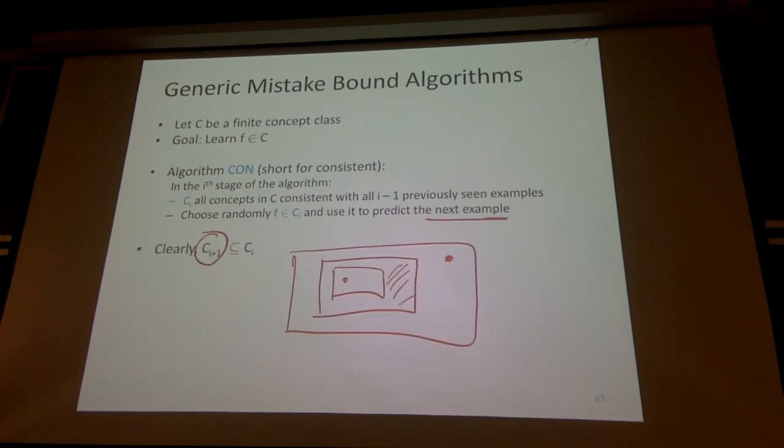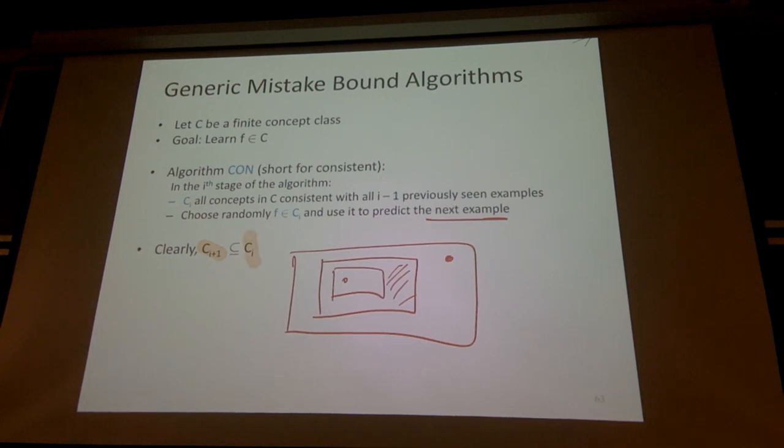I drew this picture just to illustrate the thing, but the most important point is that at any stage of this algorithm, whether or not it makes a mistake, C_{i+1} is either a subset of C_i or is equal to C_i.